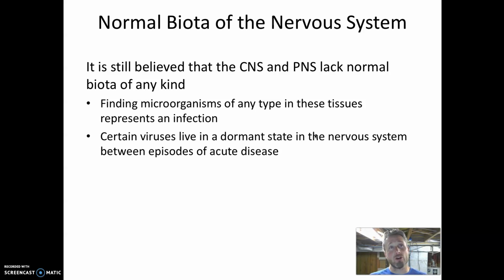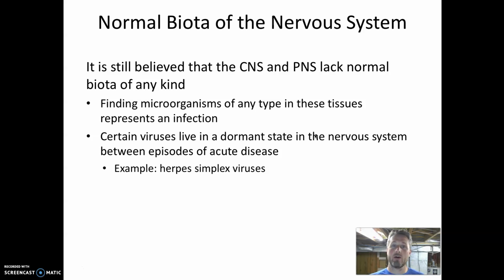But we do know, over time we will see some diseases where certain viruses actually live in our nervous system in that latent state. So examples might include the herpes virus. Examples might also include the chickenpox virus.